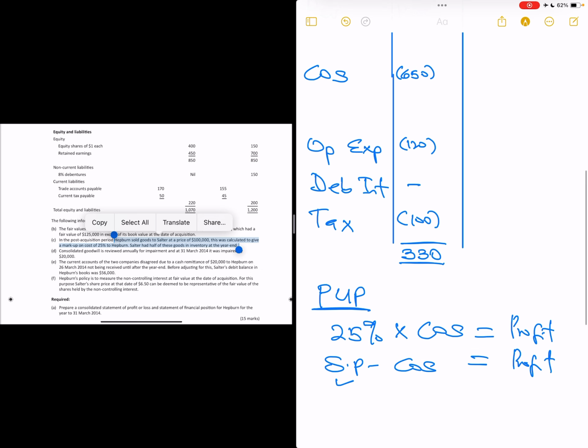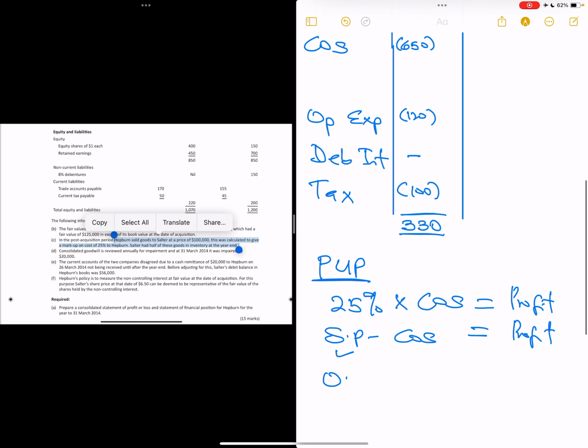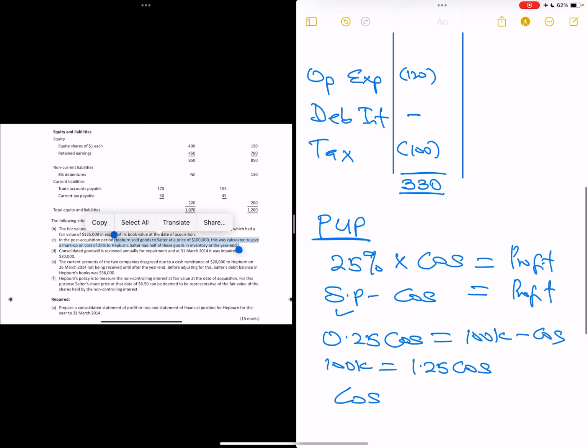We know the selling price, which means 0.25 of cost of sale is the same thing as 100K minus cost of sale. In that case, 100K equals 1 plus 0.25 cost of sales. And cost of sale equals 100,000 divided by 1.25, and that gives us 80,000.